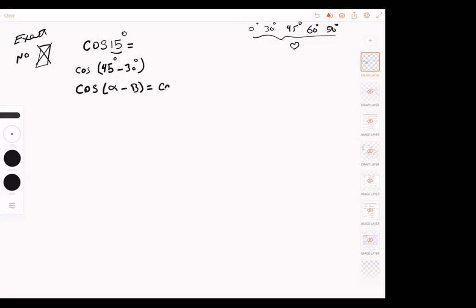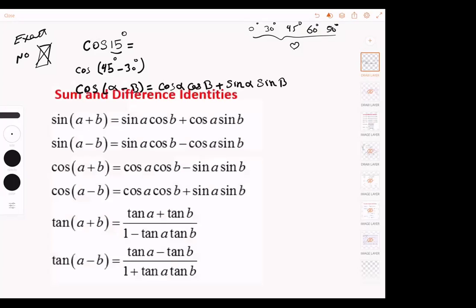This is cosine alpha cosine beta plus sine alpha sine beta. I'm pretty sure it's correct, if we have A minus B, yeah.